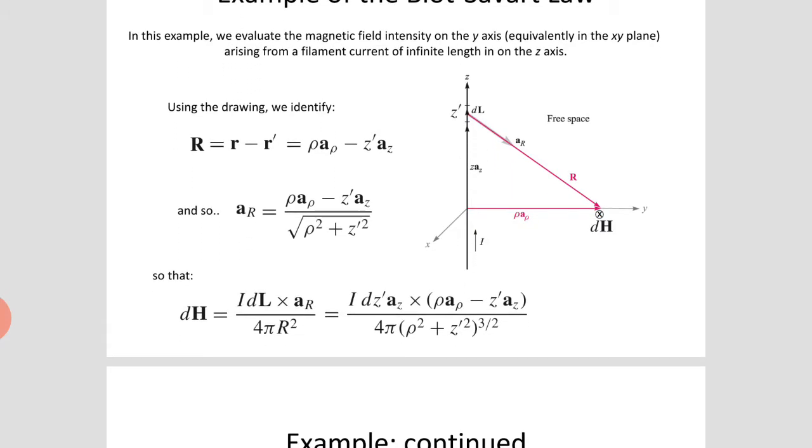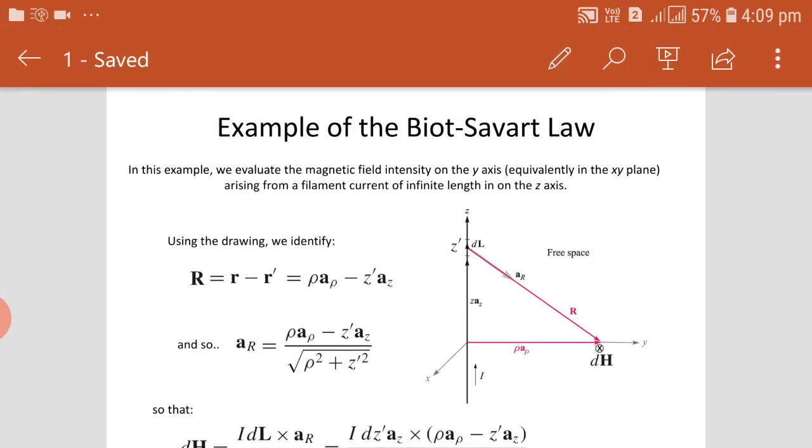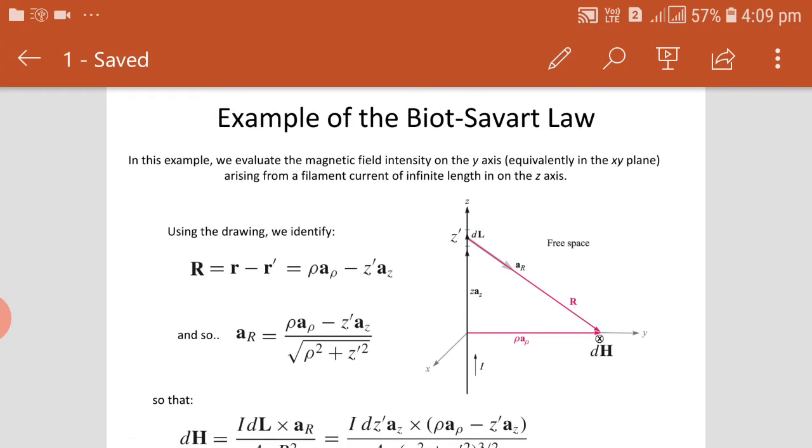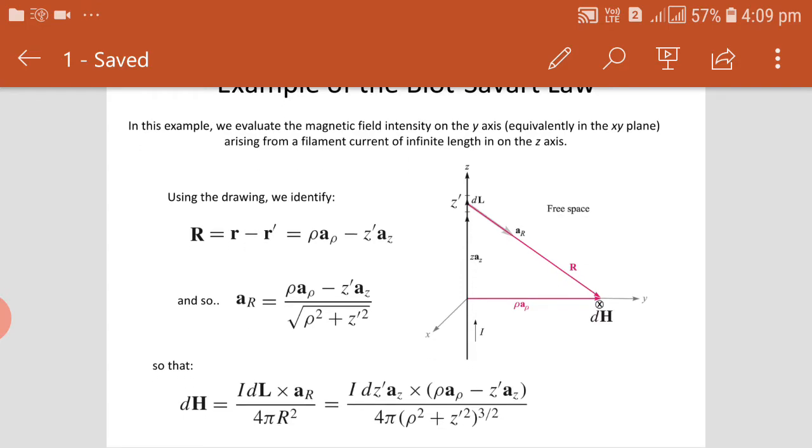After getting the unit vector a R, dH needs to be calculated. To calculate dH we need I dL cross a R divided by 4 pi R square.